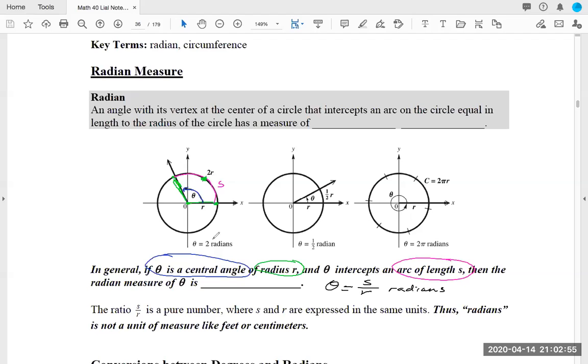So for this case, I would have gone 2 radians around the circle. Okay. For the second diagram, this would be 1 radius length around the circle, which would be 1 radian.